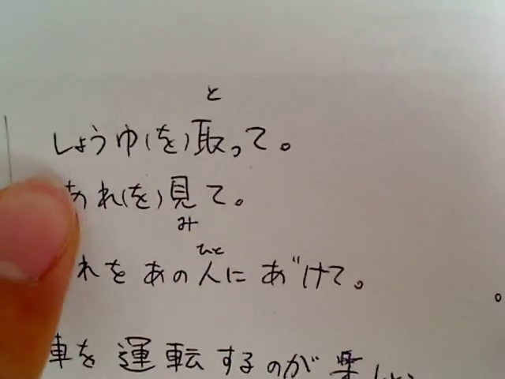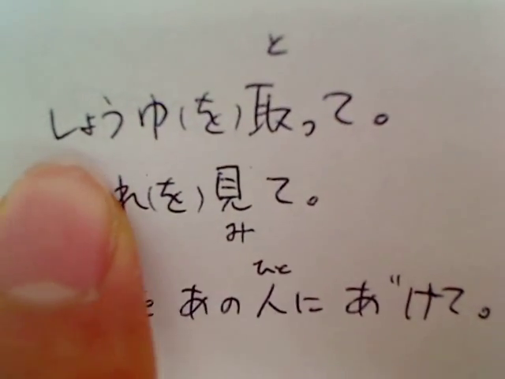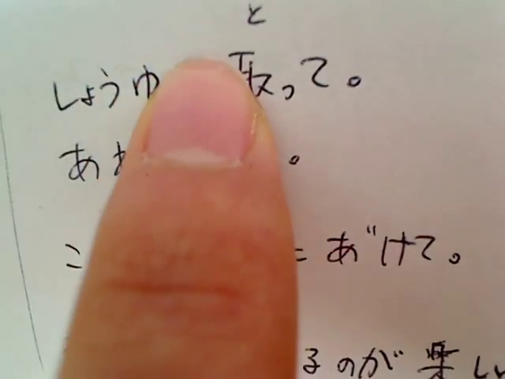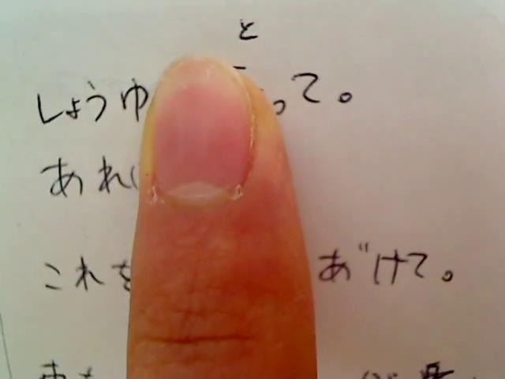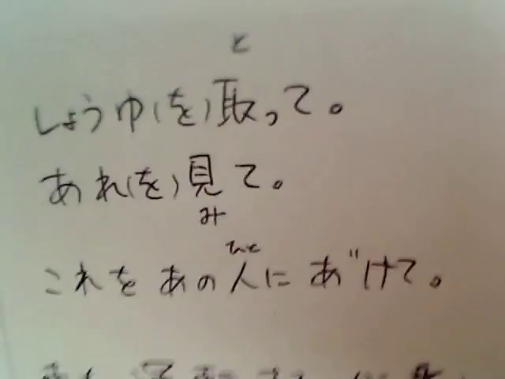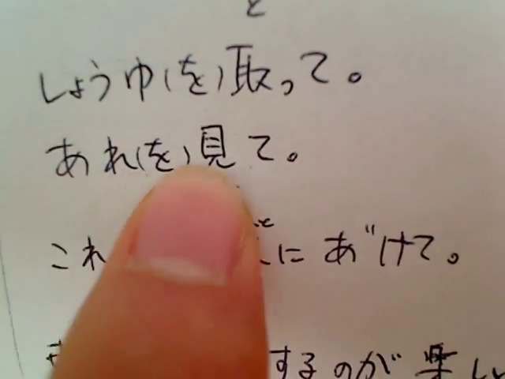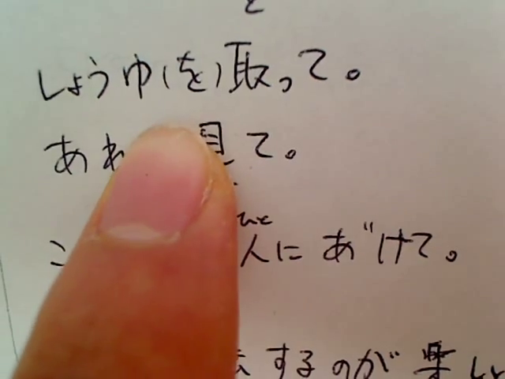Another example of を: 醤油を取って, please pass me the soy sauce, though in this case you can eliminate を. Look at that: あれを見て, or also あれ見て.